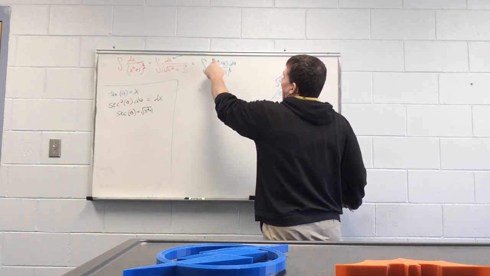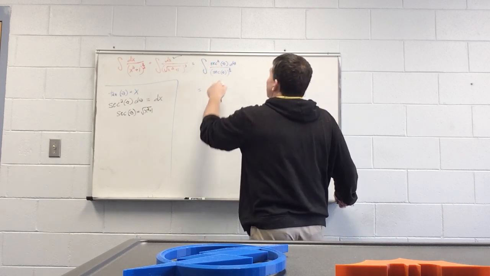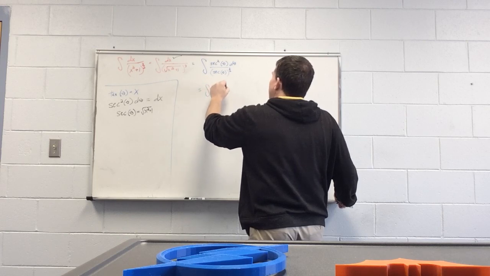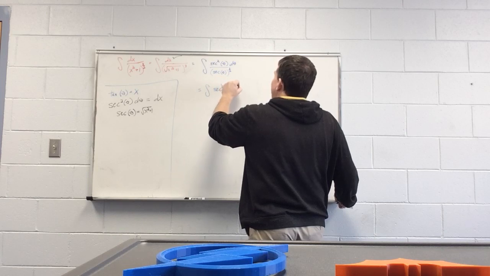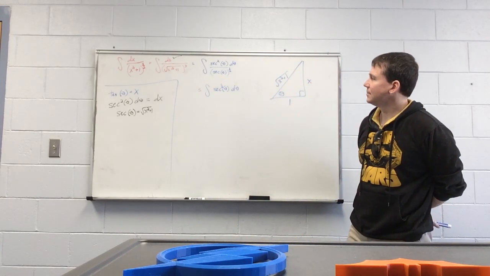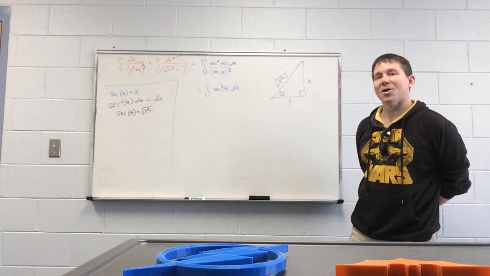But if I simplify, secant squared theta d theta over secant theta to the 3/2 is the integral of secant theta to the 1/2 d theta. And now, how do I solve that?